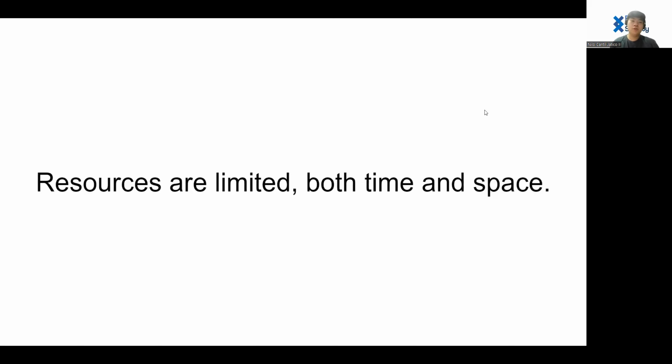Number two is resources are limited, both time and space. We humans tend to get impatient if something takes a very long while to happen. At the same time, our computers always have a limited amount of space to handle.